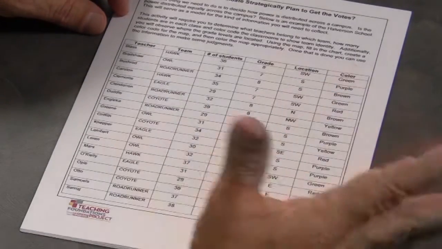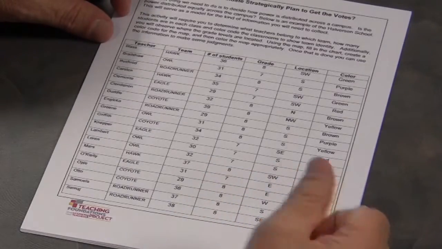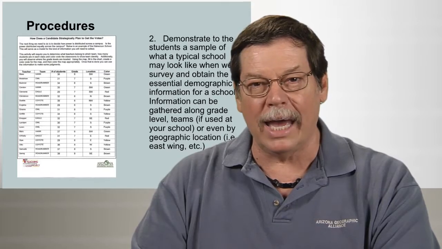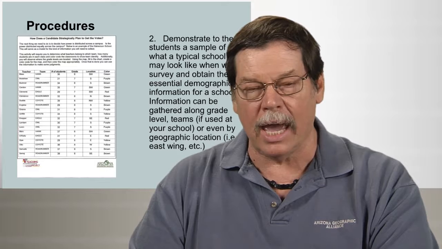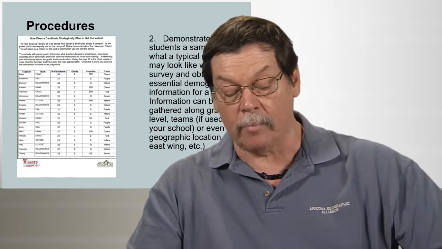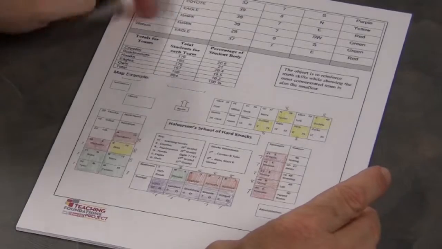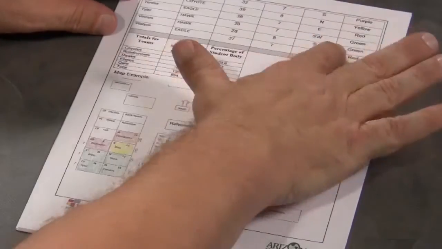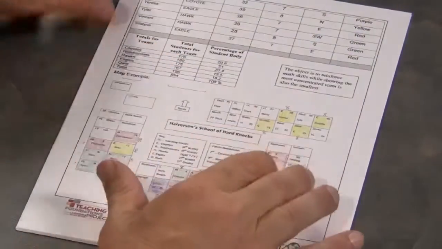The reason we're going to color code it is we want the students to be able to look at a map easily and analyze what is going on in that map. Essentially, you'll see that the same thing is happening up here, that they are collecting that information.